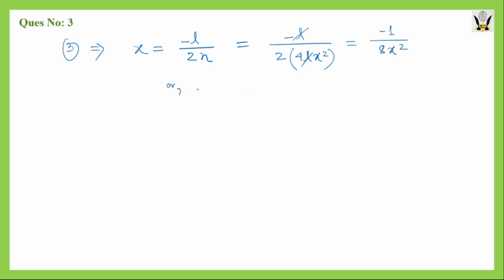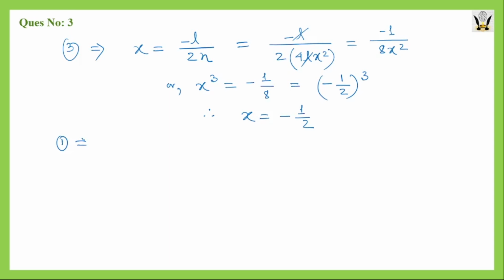So can't we say that x cube will be equal to minus 1 by 8, and minus 1 by 8 can be represented as minus 1 by 2 and then whole cube. So from here we can say x will be equal to minus 1 by 2.